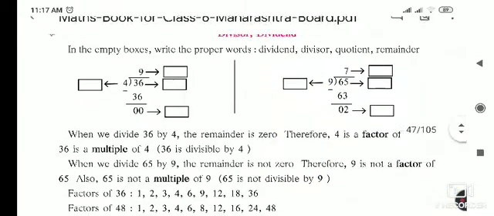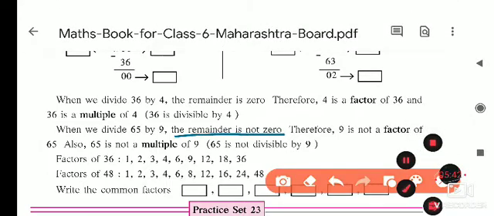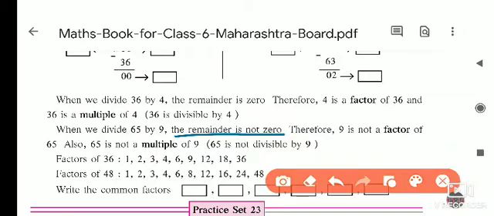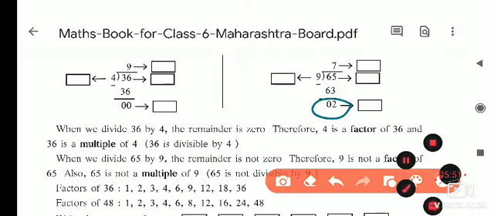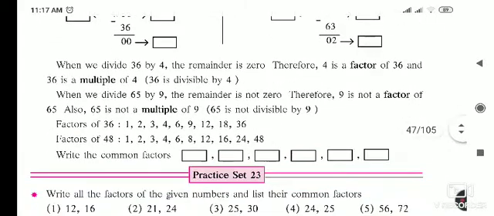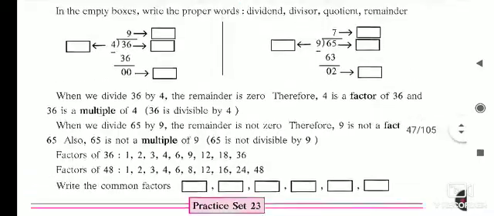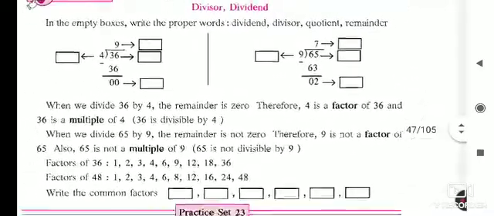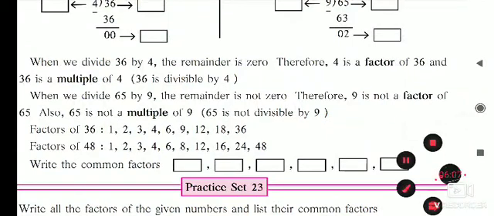We can divide 65 by 9, but the remainder is not 0, therefore 9 is not a factor of 65. If the remainder is other than 0, then 9 is not a factor of 65, and 65 is not a multiple of 9, meaning 65 is not divisible by 9. In this way we are finding the multiples and the factors. It is part of the revision that we are doing.